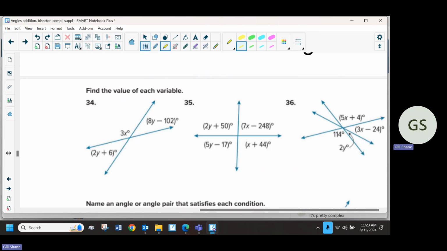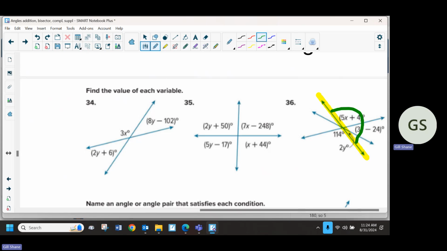Just make sure you understand this is a straight line. So again, they don't tell you that, but you have to know when you see a straight line, we can say it's a straight line. I'm going to just show you a couple concepts. I wish I could zoom in more. If that is a straight line, I could say, okay, well then that means those 3 angles have to add up to 180.